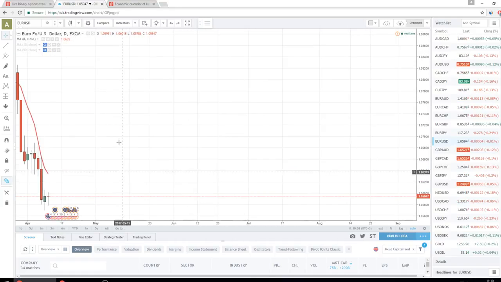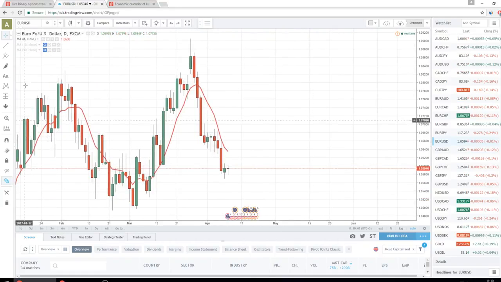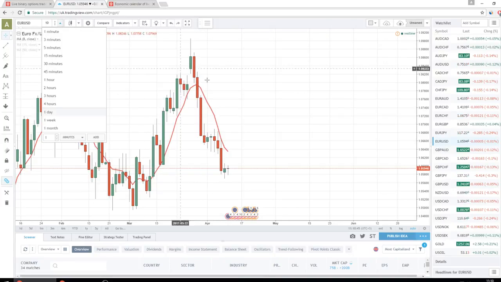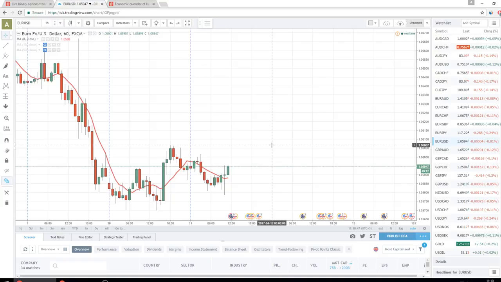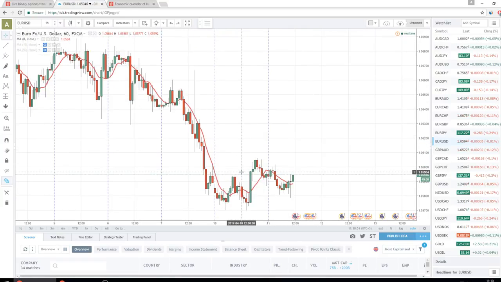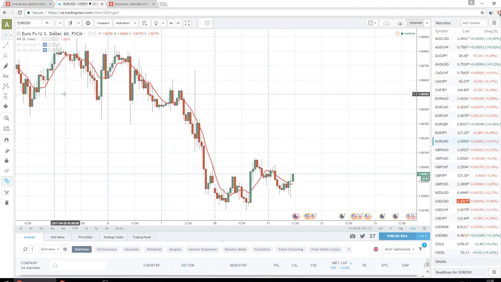Right now we have the simple moving average with period 8. Let's switch to a shorter time frame, 1 hour. Here the moving average shows us the trend, and that's the key function of this indicator.